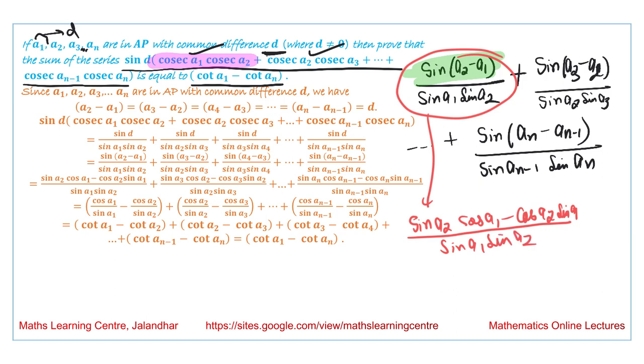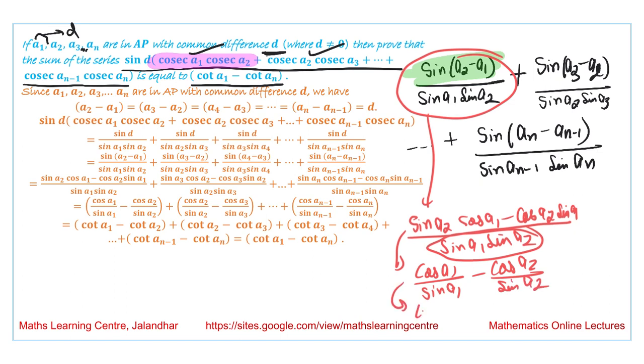If we separate the denominator with both terms of the numerator, we obtain cos a1 over sine a1 minus cos a2 over sine a2, and this comes out to be cot a1 minus cot a2. So corresponding to this first term, we have cot a1 minus cot a2.